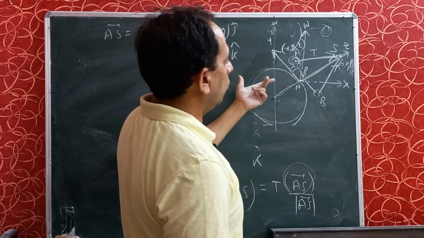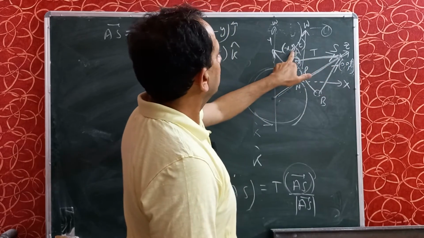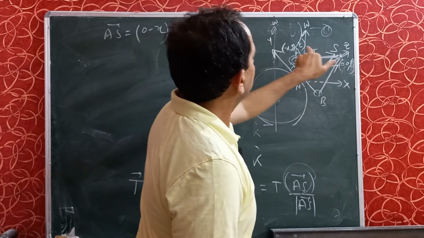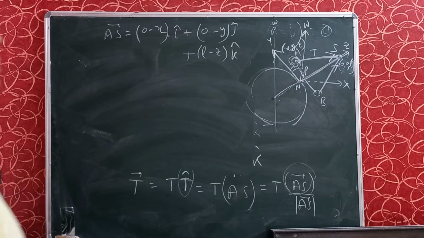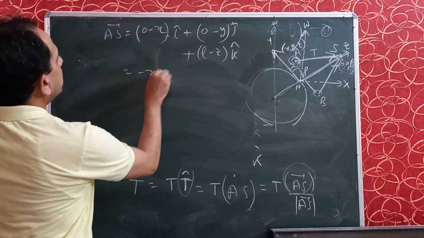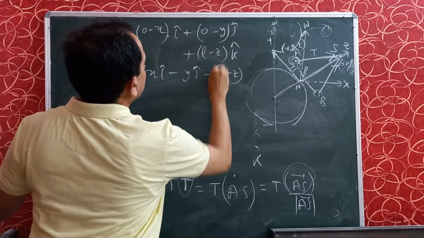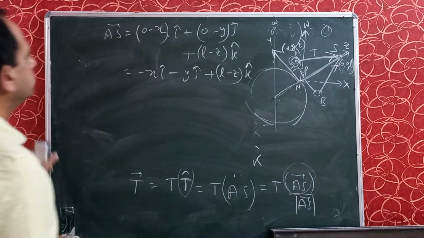By using the two-point formula, x2 minus x1 into i, y2 minus y1 into j, z2 minus z1 into k. So the AS vector is minus x i minus y j plus (L minus z) k.